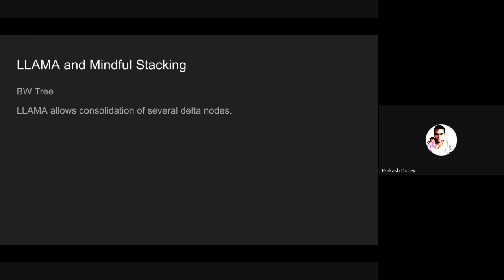All this process requires garbage collection and accumulation. This consolidation and garbage collection, everything is handled by Llama. So we don't have to worry about the whole thing. It's being handled by a different layer.